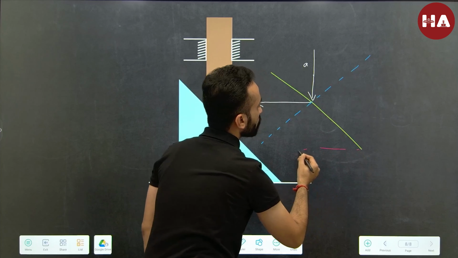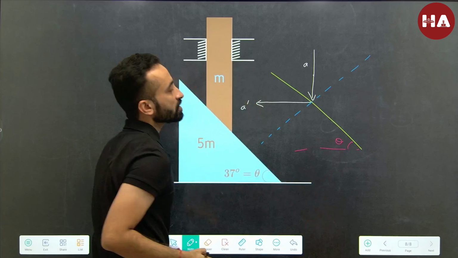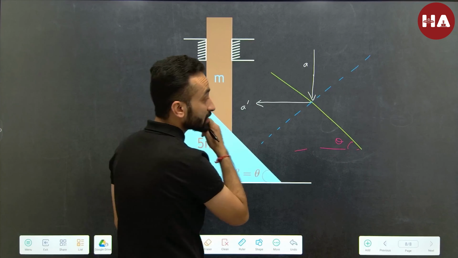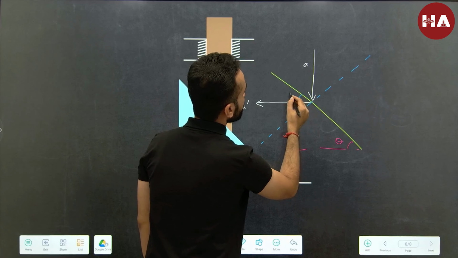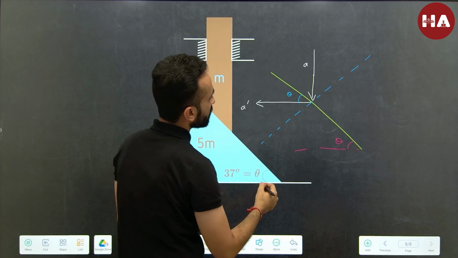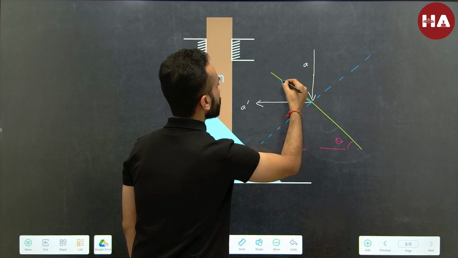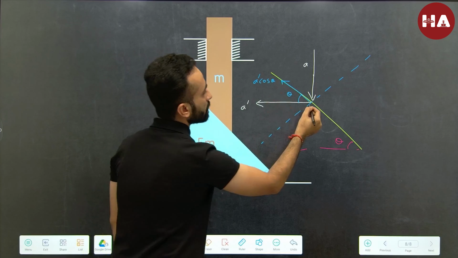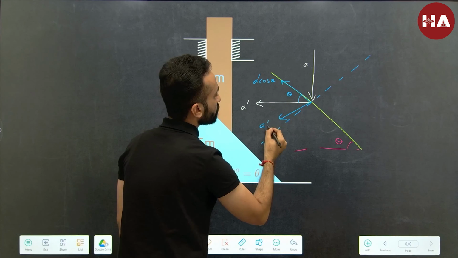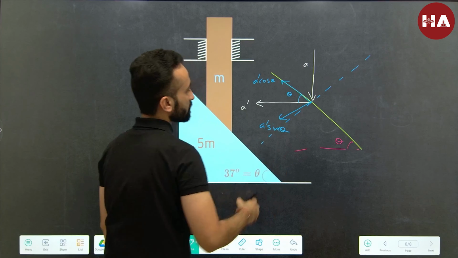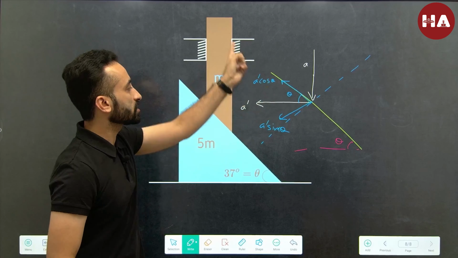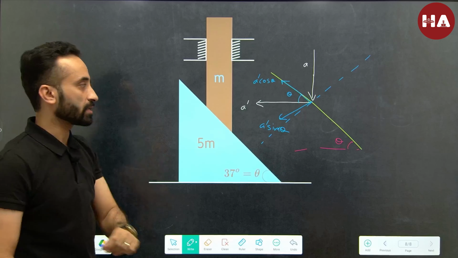If you remember, this angle was theta, so this angle is again theta. The component of a dash is going to be a dash cos theta, and the other component is going to be a dash sin theta.